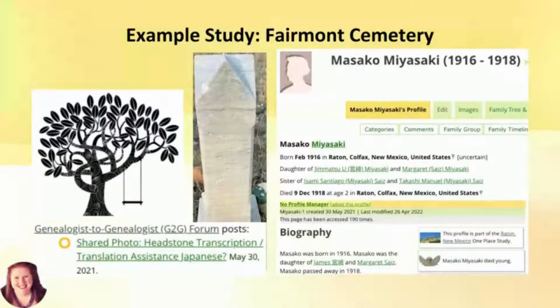So I just entered a post asking for assistance, and within the day I had information about who she was. From that translation, I was then able to research and find her death certificate, and I was then able to add her parents to her profile. So those are just some examples of the community at work at WikiTree.